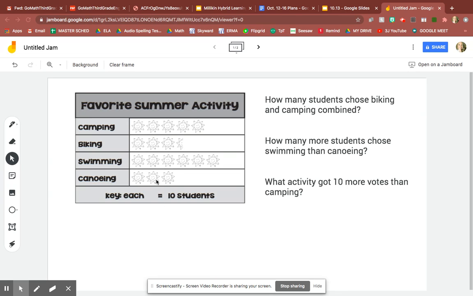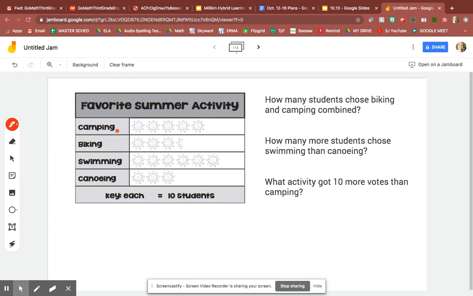And you know what would make this a lot easier is to just figure out how many students chose each activity first. So let's go ahead and do that. Let's see. All right, so it says the key is that each sun, there should be a sun here, it must be missing. Each sun equals 10 students. Okay, so that's really important.